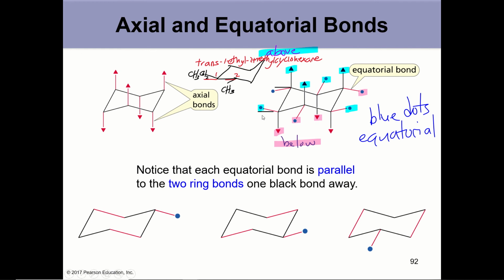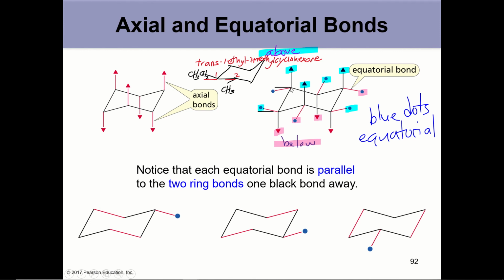If they are slightly more than horizontal, as shown by the carbon at the bottom left of the figure, then that hydrogen is considered to be above the ring. If you are slightly less than horizontal, as shown by the carbon at the top left of the figure, then that equatorial bond is considered to be below the plane of the ring.